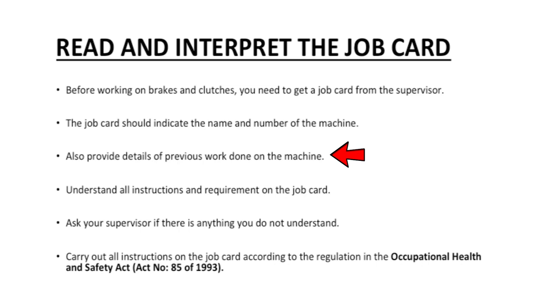What was the problem on that machine before you do the current maintenance? Understand all instructions and requirements on the job card. Understand what the job is; talk to the job card is what they're saying to you here. Ask your supervisor if there is anything you do not understand. And lastly, carry out all instructions on the job card according to the regulations in the Occupational Health and Safety Act 85 of 1993.